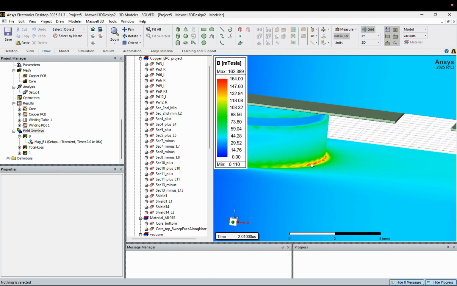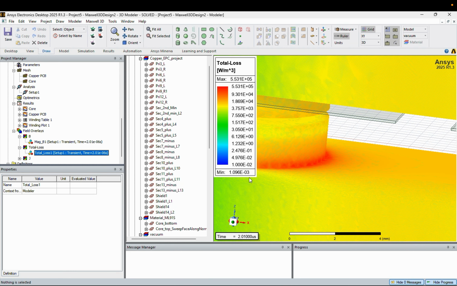If you multiply this B, let me show you the loss on this one, then it will make much more sense.